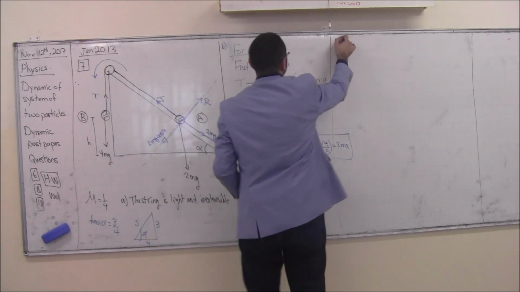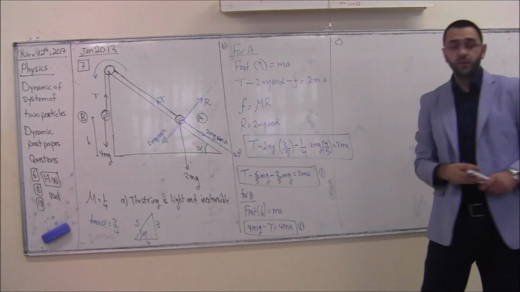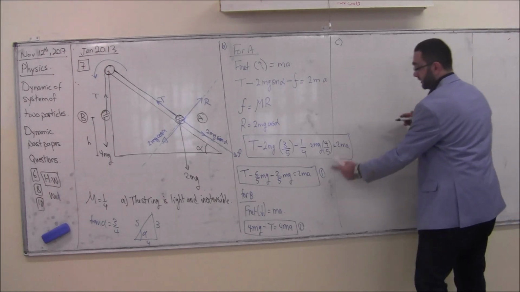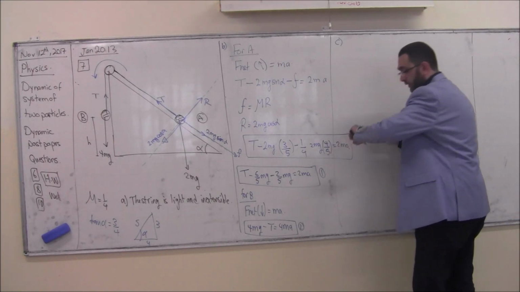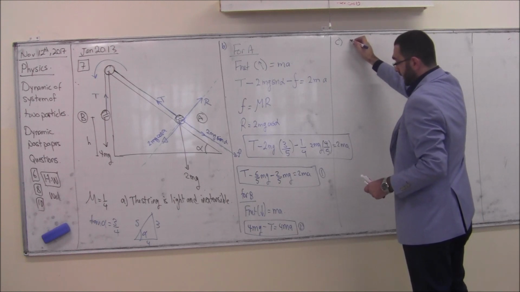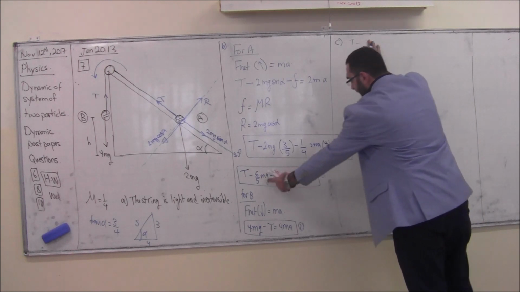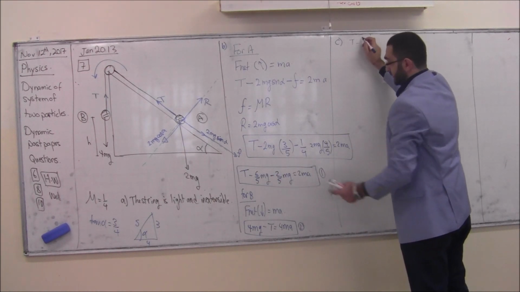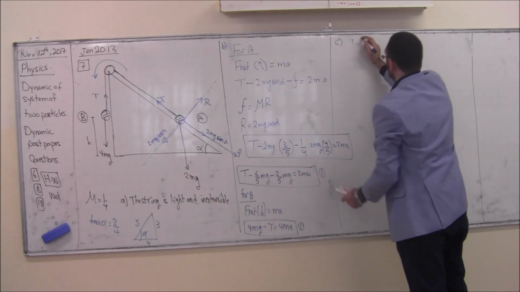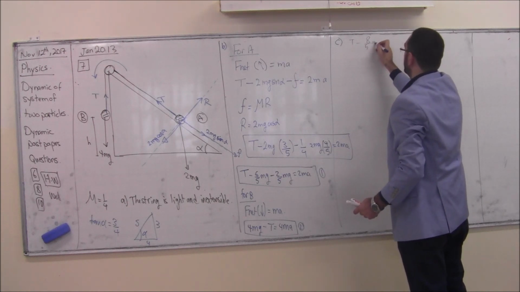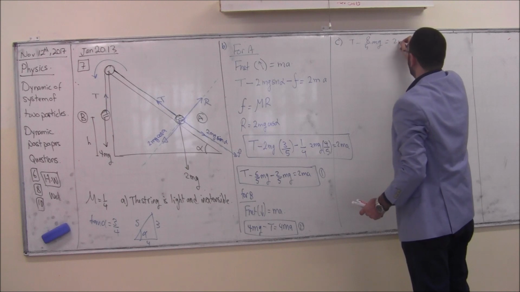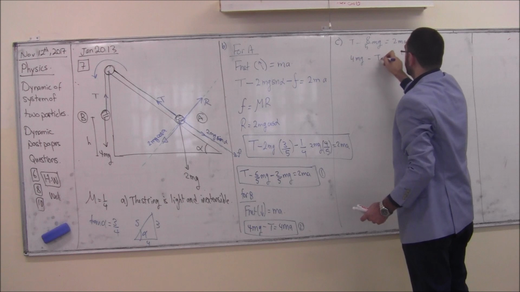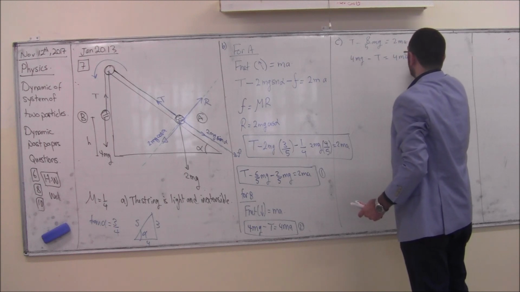What are we asked? Find the acceleration. Add these two equations simultaneously. T minus 6 over 5 mg minus 2 over 5 mg, that is 8 over 5 mg, equals 2ma. And 4mg minus T equals 4ma.